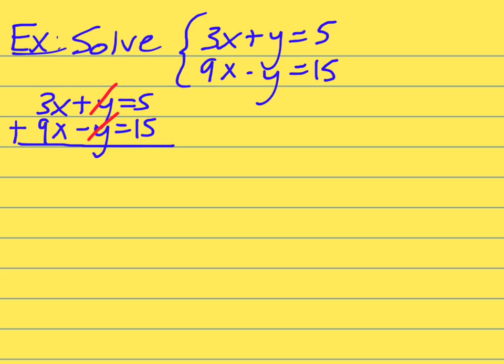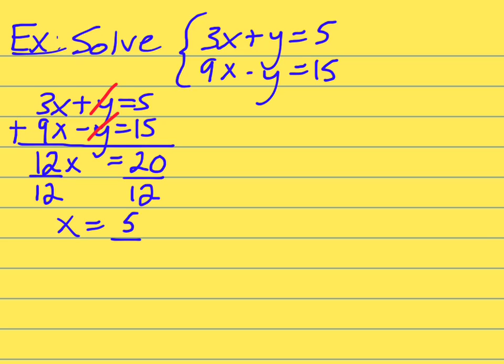Now I add my x's, so 9 plus 3 is 12x, and 5 plus 15 is 20. So I divide both sides by 12, and x is equal to 5 over 3. So that's my x value.